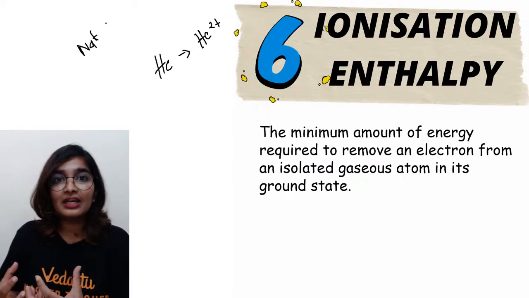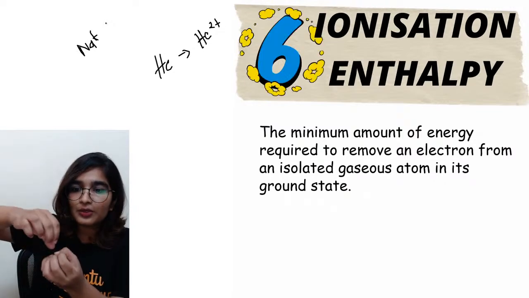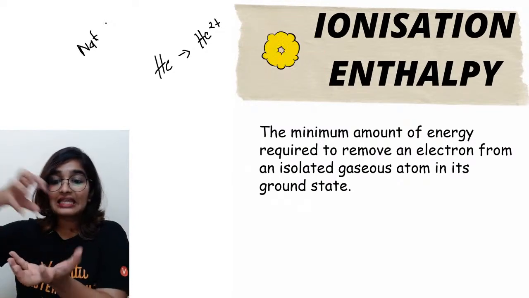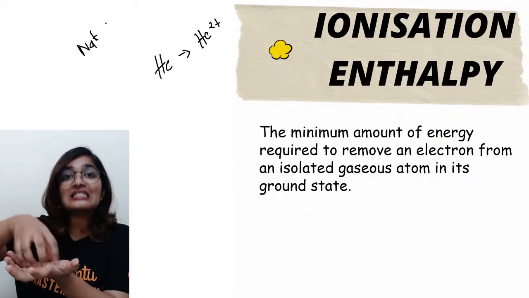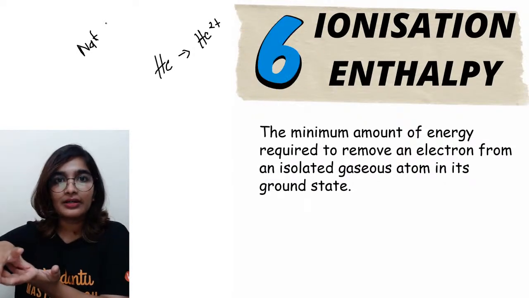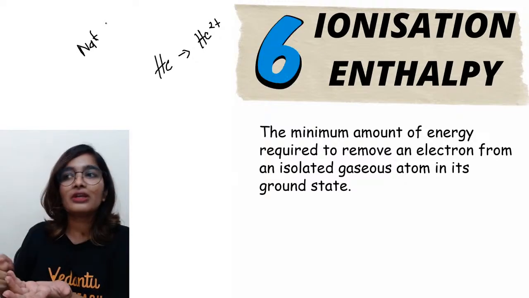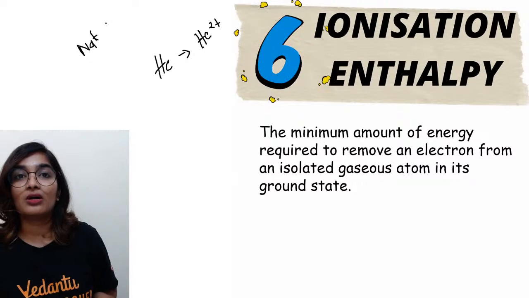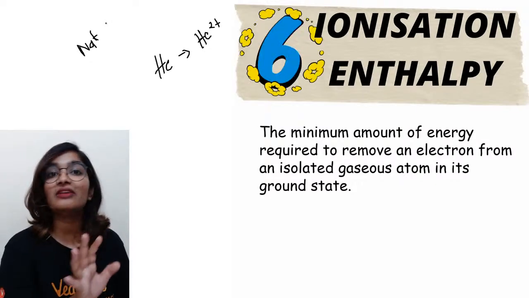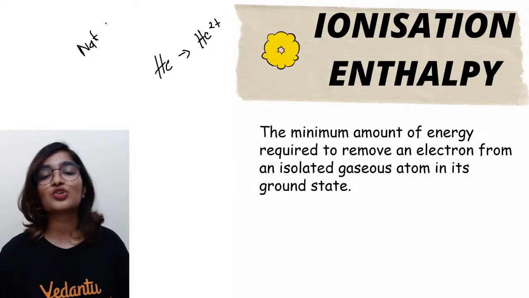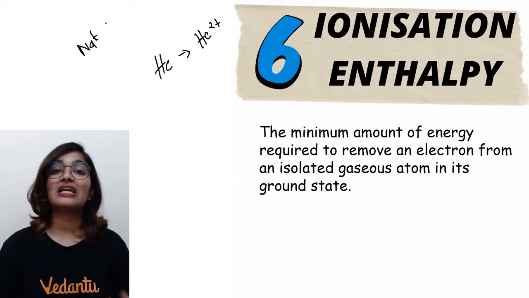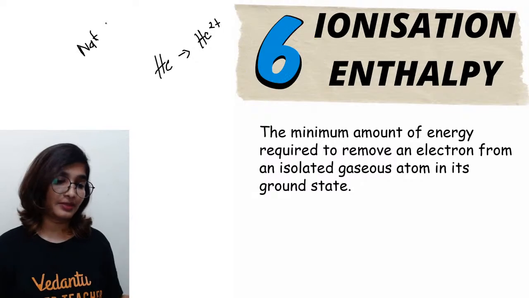In the same way, if you have to remove an electron from the outermost shell, as there is a force of attraction between nucleus and electron, the nucleus is like, no, I won't give my electron. In order to remove that electron from the outermost shell, you should apply some energy, and that is what is known as ionization enthalpy.